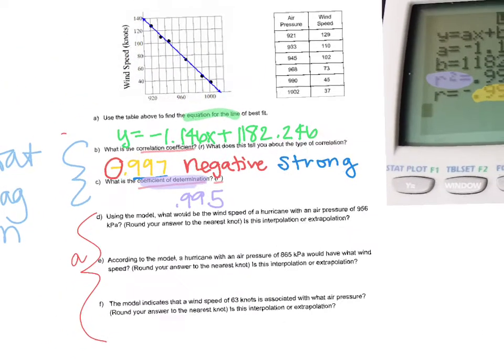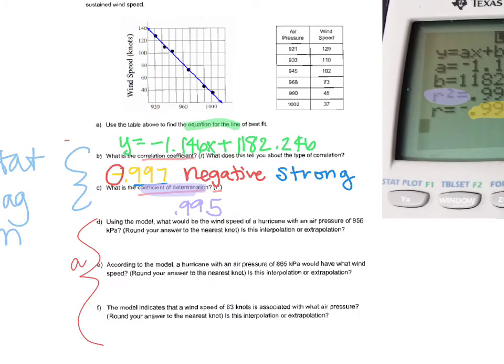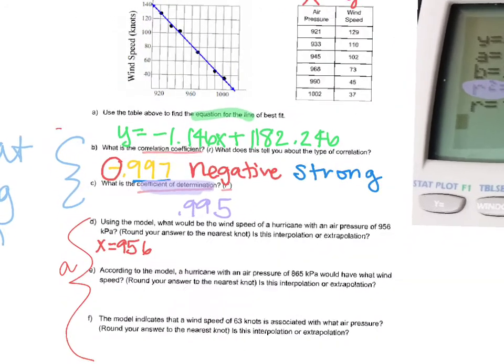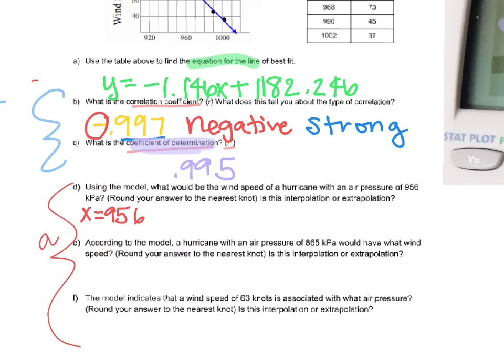So if they're giving us air pressure, let's go back and look at what information we have in our table. Well, air pressure here is my x's, wind speed is my y's, so they're telling me that x equals 956. So if I want to know what my wind speed would be, I just need to plug that in. I need to plug in 956 for x in my original equation.